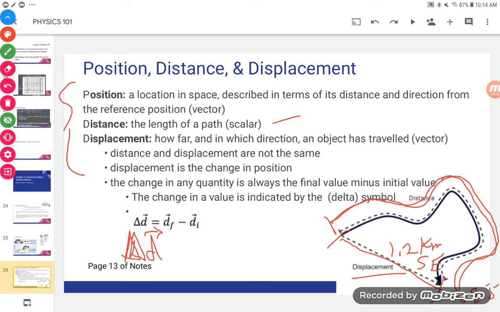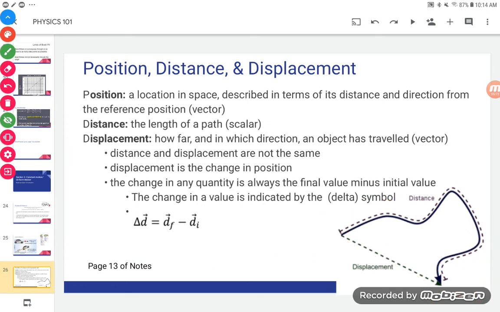So this is displacement final, displacement initial: you take the initial displacement away from the final displacement, and you find the change between the two. That's how you calculate it. Also with vectors, you will often see arrows above the letters. That will also give you a hint that it is a vector and not a scalar.